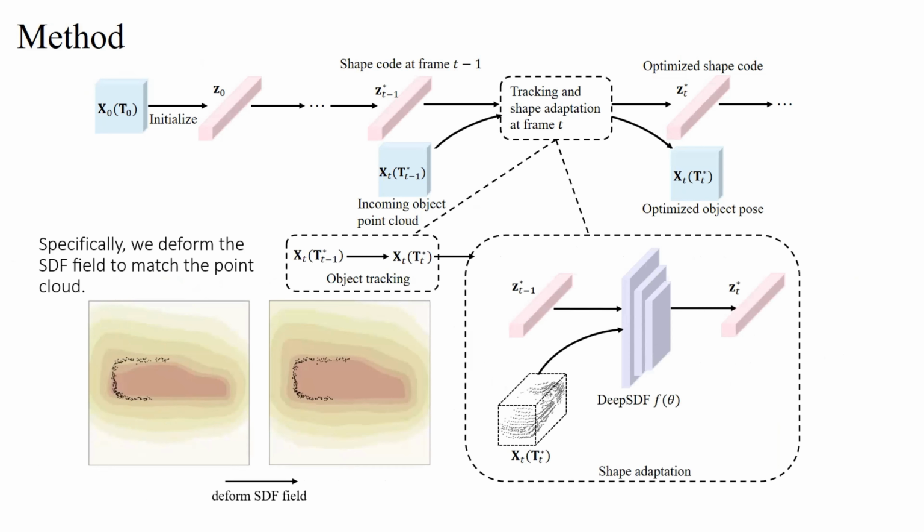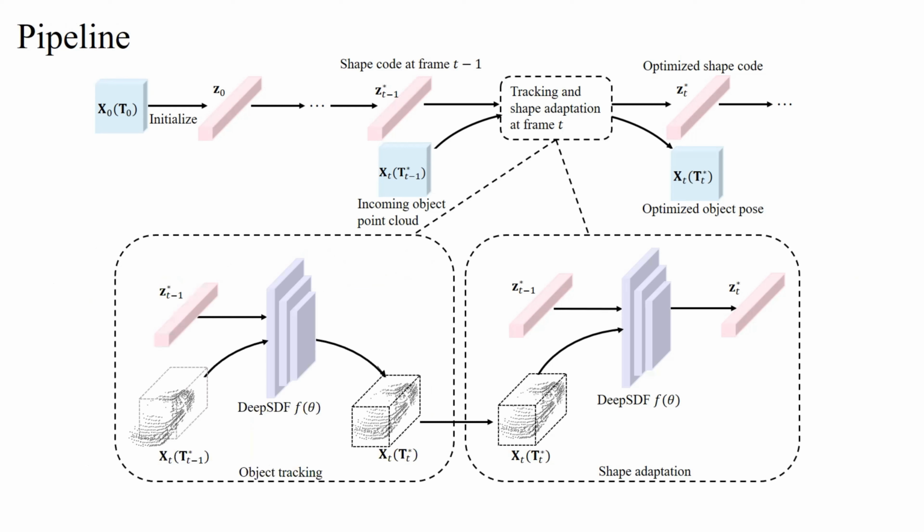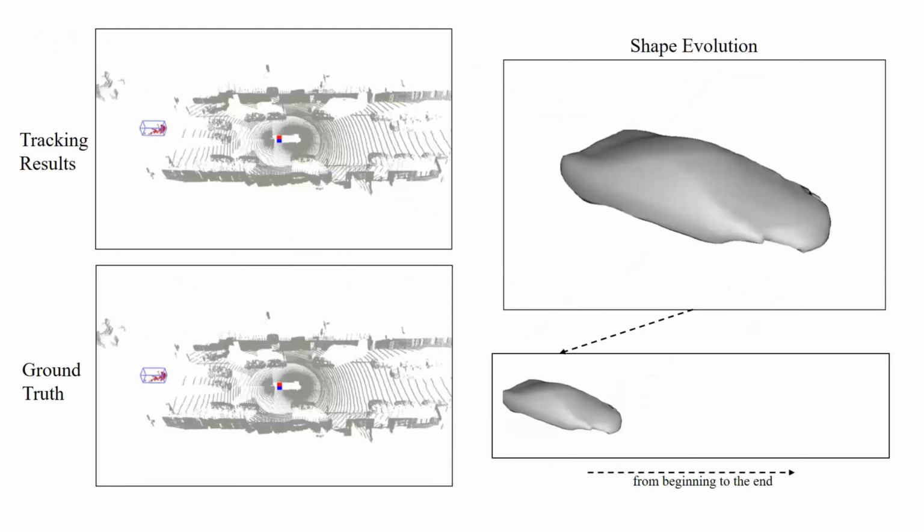We fine-tune the SDF code using the aligned point clouds, and by iterating between these two steps, we could get a reconstructed shape at the end of tracking, and along the tracking use the improved shape to help with the drifting problem. Yeah, this is a very simple, effective pipeline for online SOT tracking.